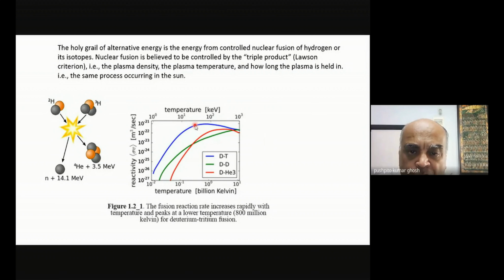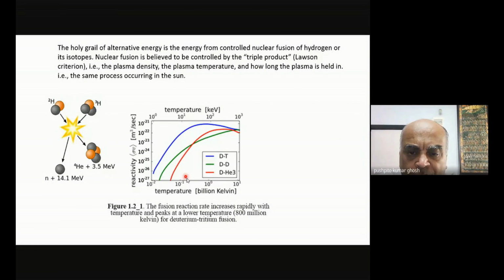Second, what you can see over here is that if you carry out the reaction between deuterium and tritium, you can actually do it at a relatively lower temperature. When we say relatively lower, it means around 100 million degrees, thereabouts.